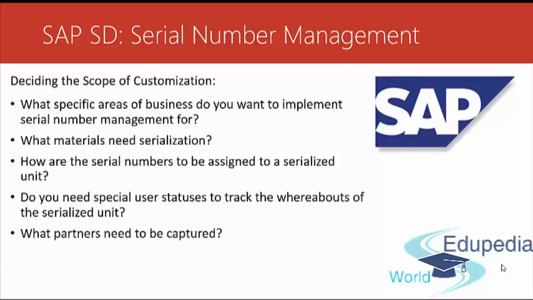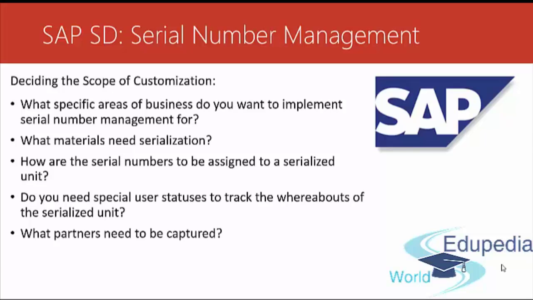The next question is, do you need special user statuses to track the whereabouts of the serialized unit? For example, after the unit is shipped to the customer, it is installed, pending installation, or dismantled. Here, installed, pending installation, and dismantled are user-defined statuses, and unit at the customer's place is a system-provided status.